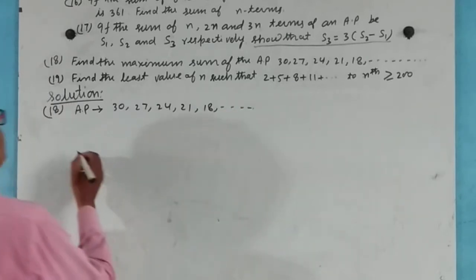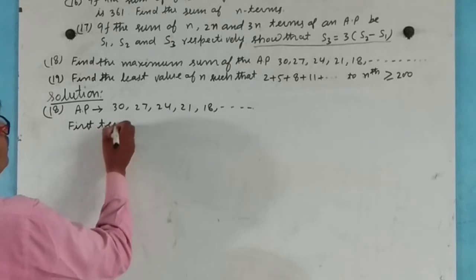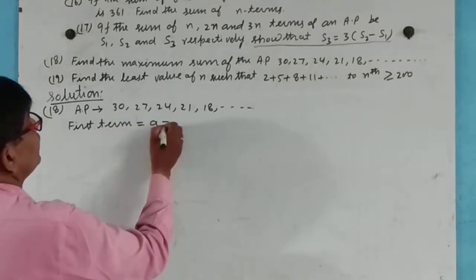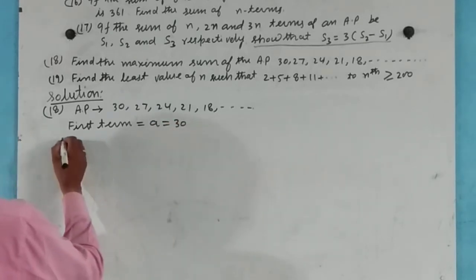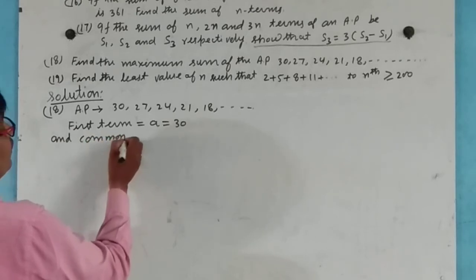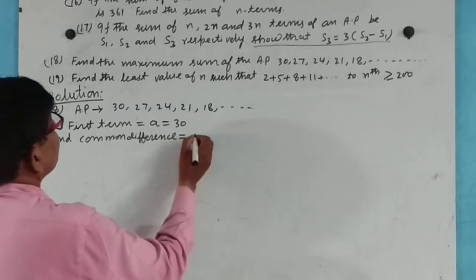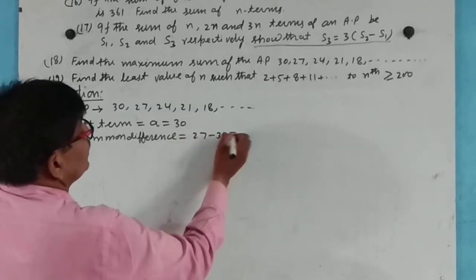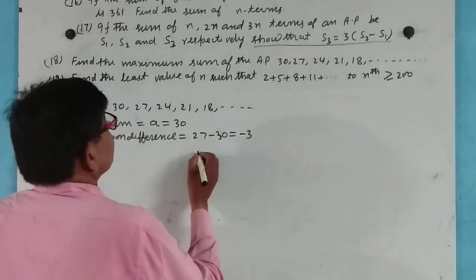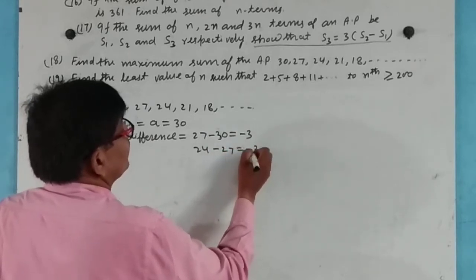In this case the AP is 30, 27, 24, 21, 18. The first term a is equal to 30, and the common difference is 27 minus 30, which is equal to minus 3, and 24 minus 27 is also equal to minus 3.